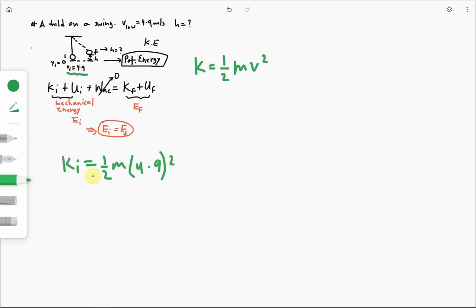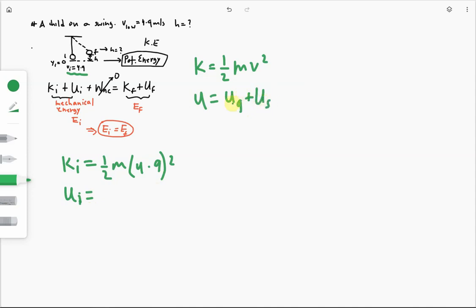Alright, then let's write down what our initial potential energy is. So initial potential energy Ui is equal to, let's remind ourselves that U is equal to UG plus US.